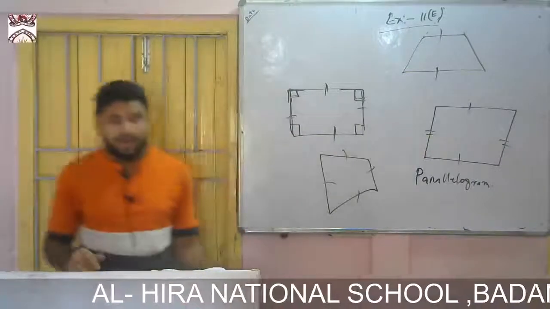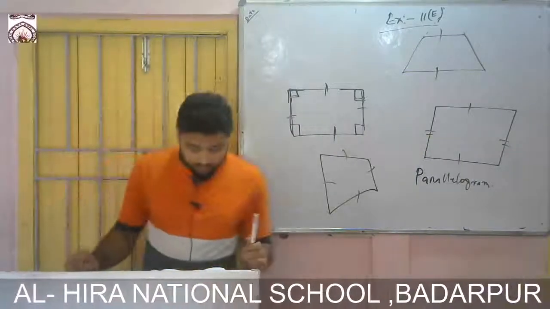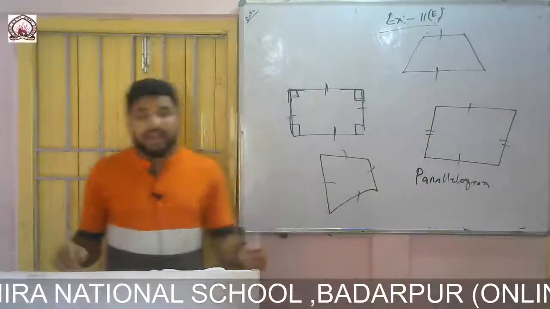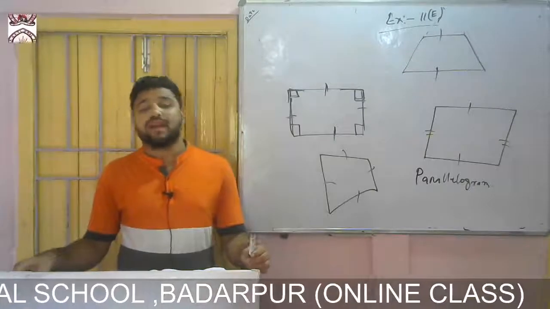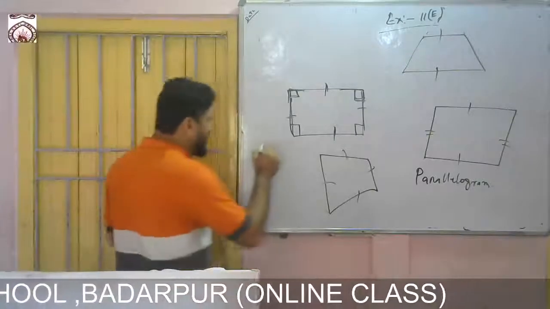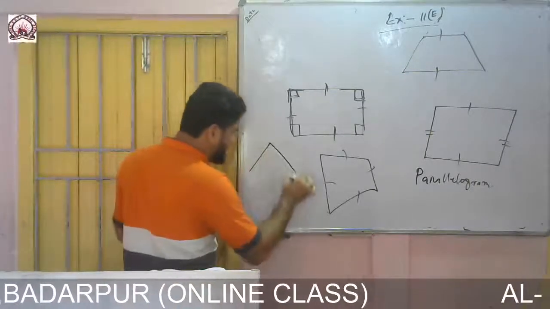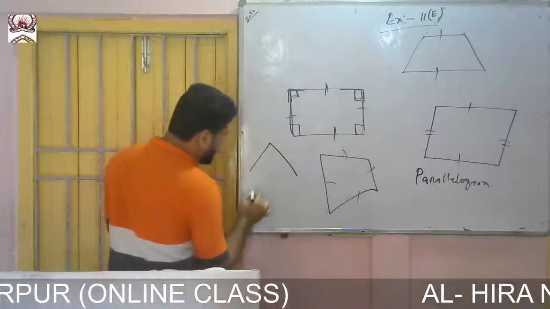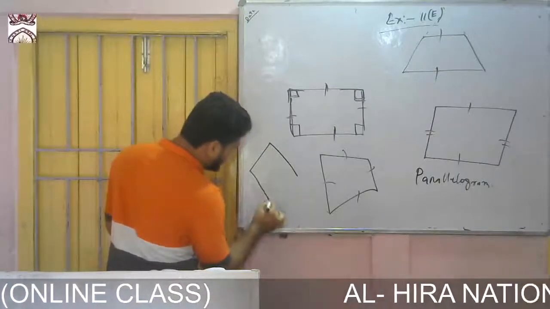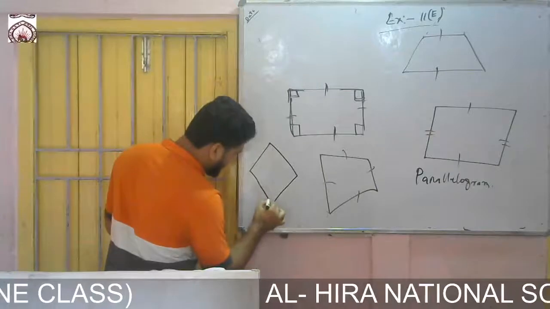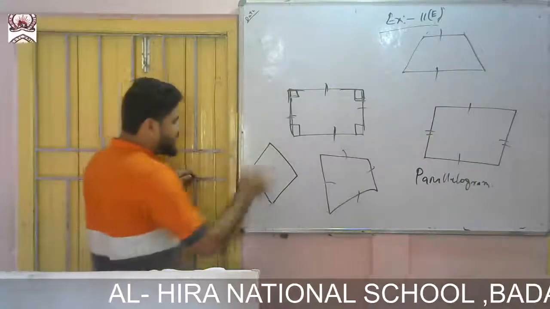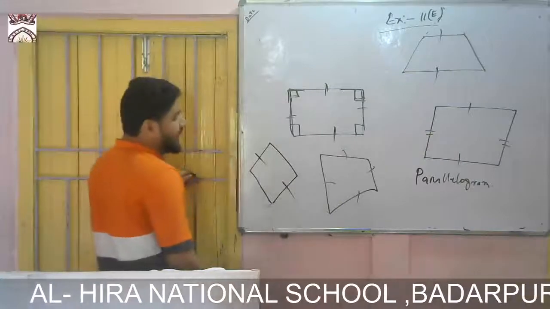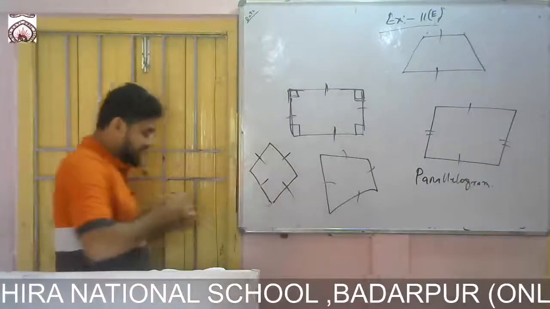Now, what is a rhombus? A rhombus is a parallelogram whose all sides are equal. If I draw a rhombus like this, this side and this side remain equal. Suppose this is a rhombus: this side and this side are equal.